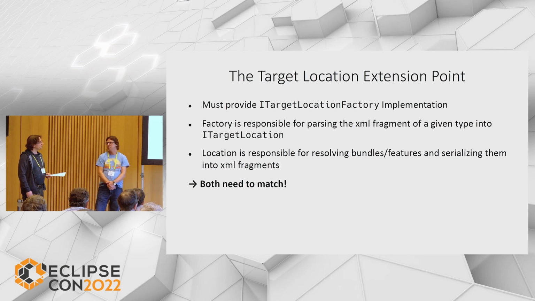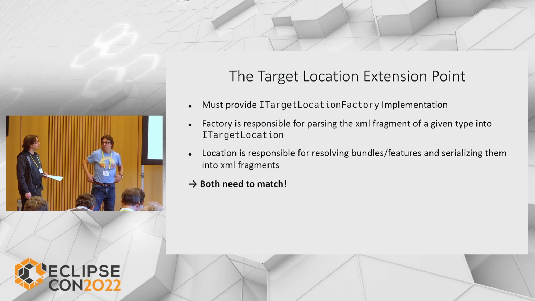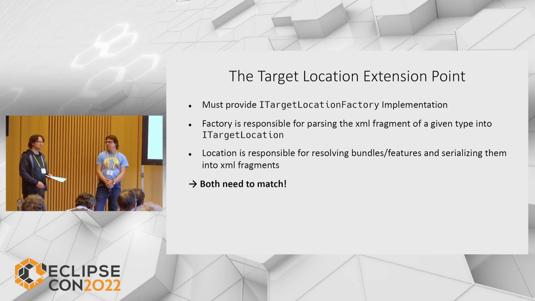That location object is then used to actually resolve the included bundles or features into something that PDE can understand. And one important part is that the location needs to serialize the object back into XML, while the factory is for the other way around. So you have to take care that they both match.